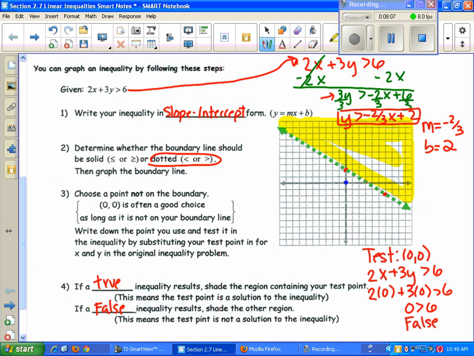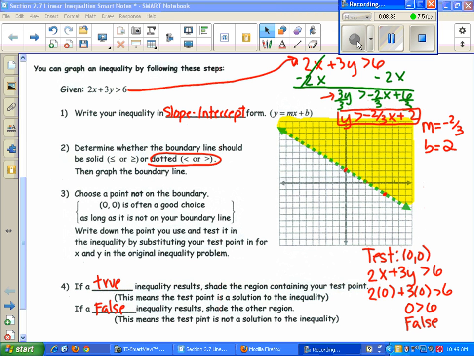So everything on this side of my boundary line is going to be a solution to my equation. Things on my boundary line are not going to be solutions, because if I were to plug them in, they would not work since it's not equals to for my equation. So then that is my graph and what it should look like.